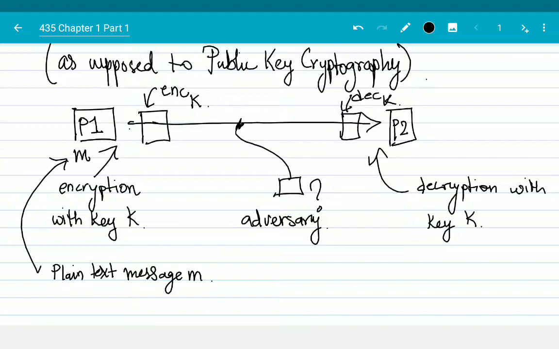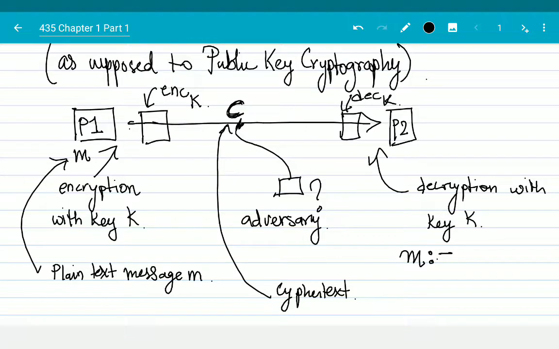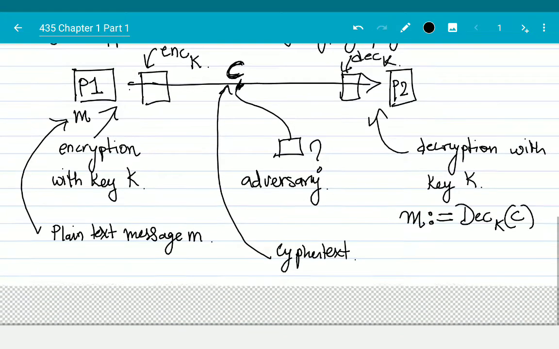Which gets encoded and is sent as a ciphertext C. So this is going to be my ciphertext C, which person 2 gets, and they're going to decrypt by their key, and I should have that M is equal to the decryption of my ciphertext. Okay, so let me write what it means.